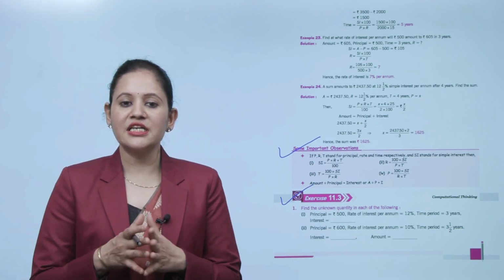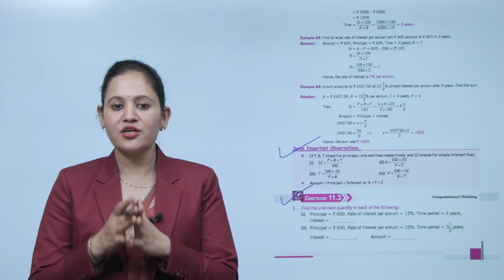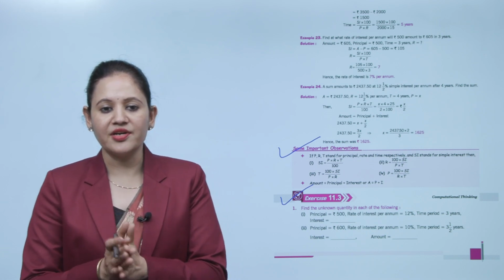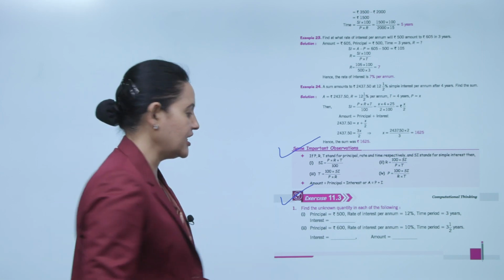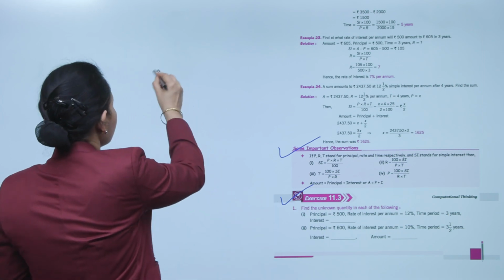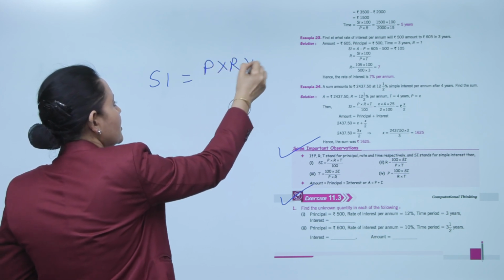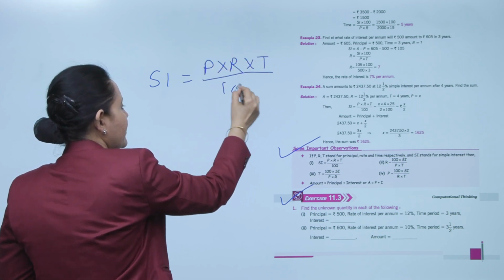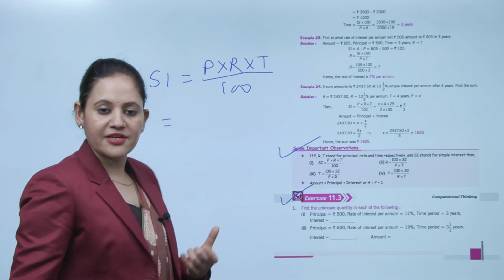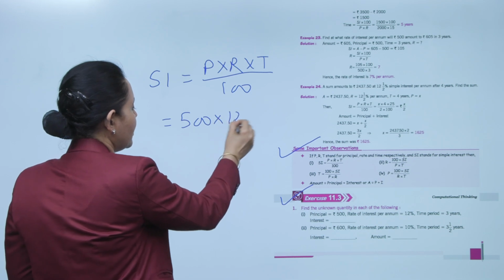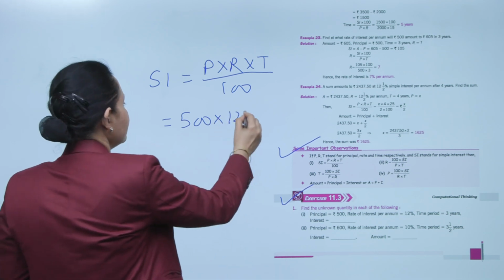Find the unknown quantity in each of the following. Principal is given 500 rupees, rate of interest per annum is 12%, time period 3 years was given. We have to find the interest. Simple interest equals P into R into T upon 100. Here P is given 500 rupees, rate 12% per annum, and time is given 3 years.